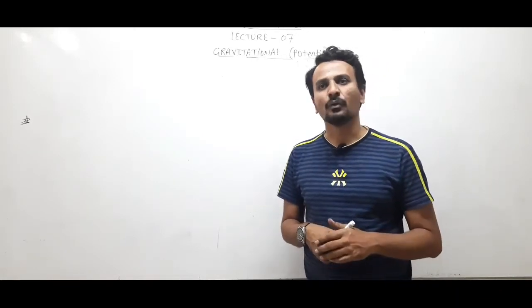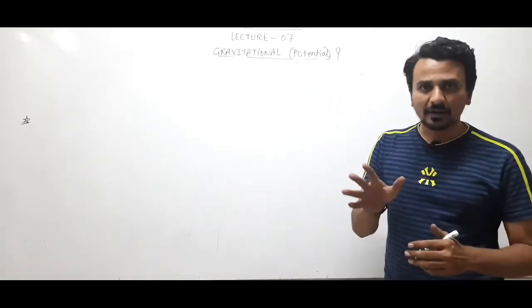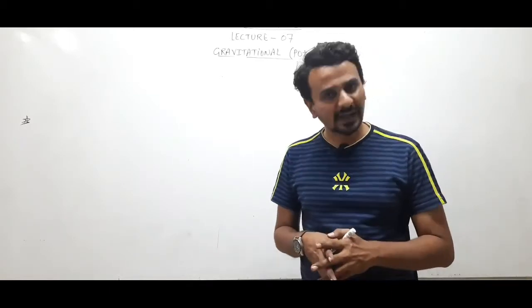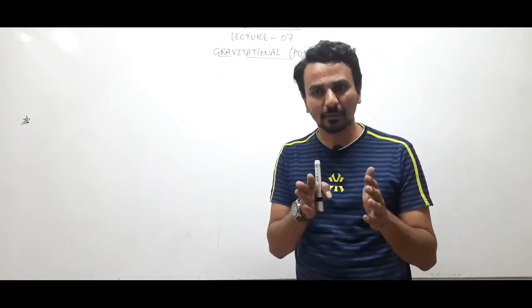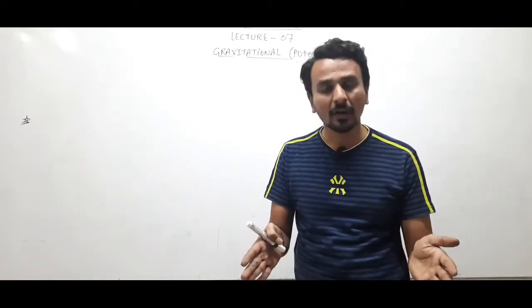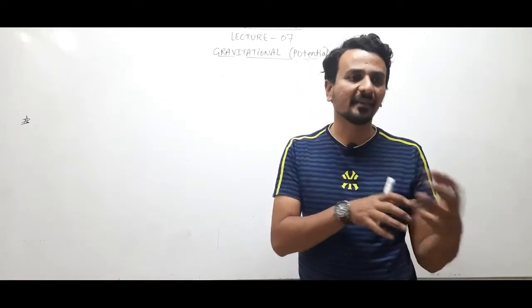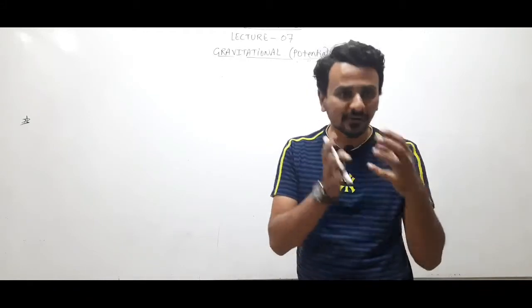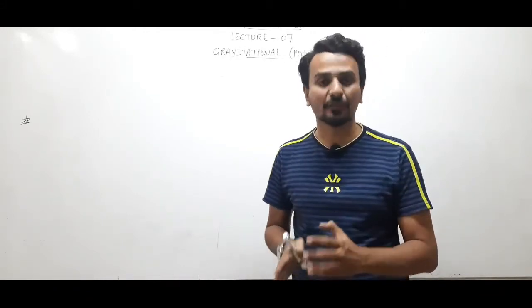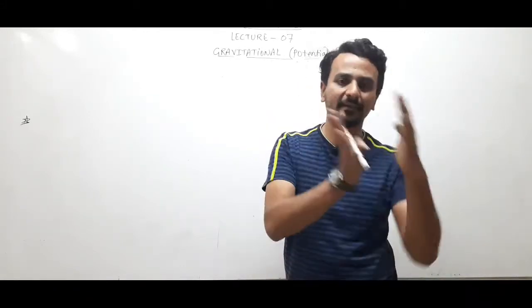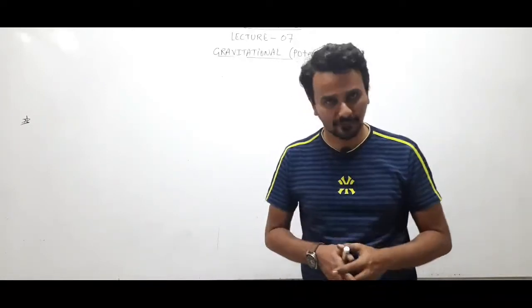Now, whenever we are discussing potential, we'll discuss the potential difference. We cannot say that the potential at this point is this much. If you are saying it, you need to mention a reference point: with respect to this point, the potential is this much. This is how we should define it.